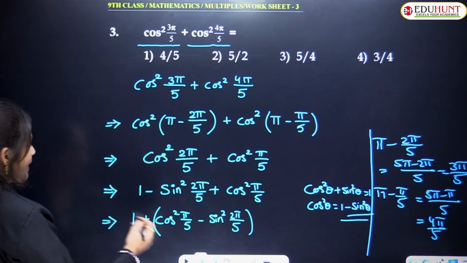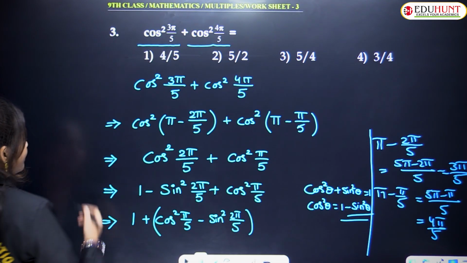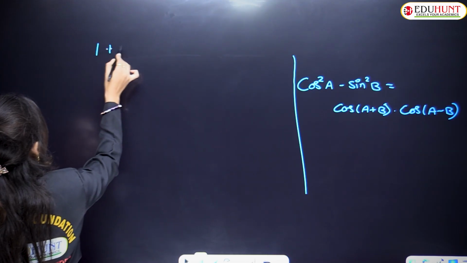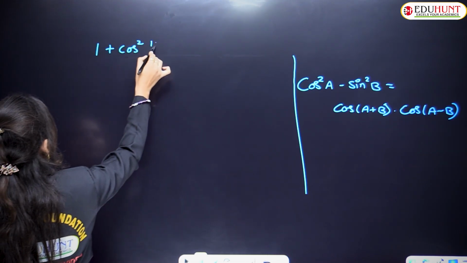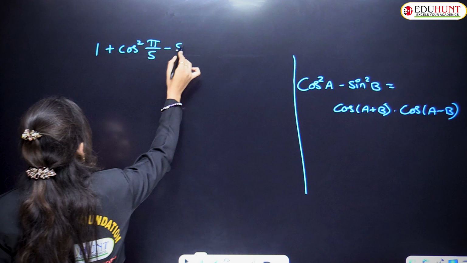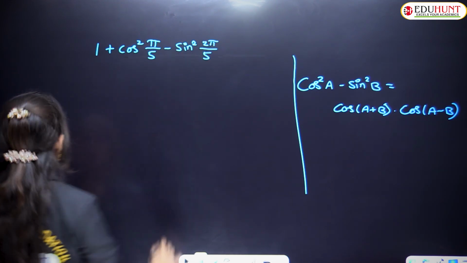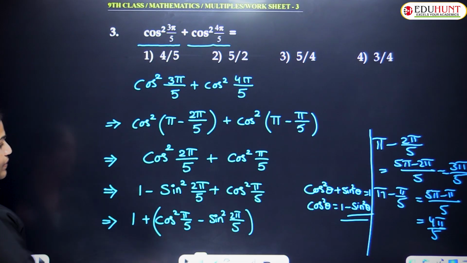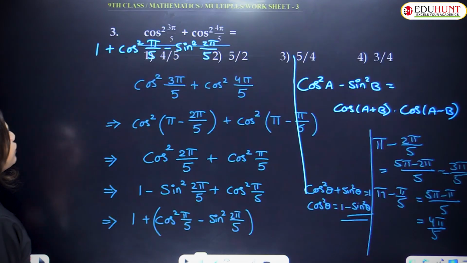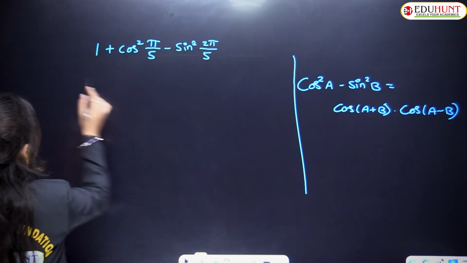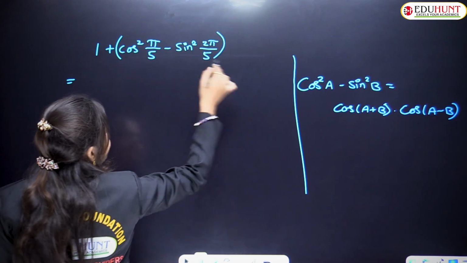See, 1 plus cos square pi by 5 minus sine square 2 pi by 5. At the place of this, we have to write that formula.